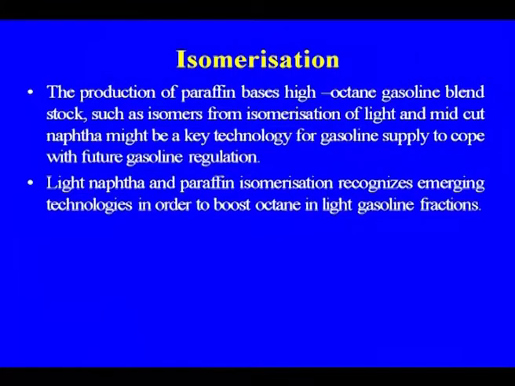This technology, converting low octane naphtha to high octane naphtha by isomerization, will definitely boost the economy of the refinery. Light naphtha and paraffin isomerization is recognized as an emerging technology to boost octane in the light gasoline fractions.